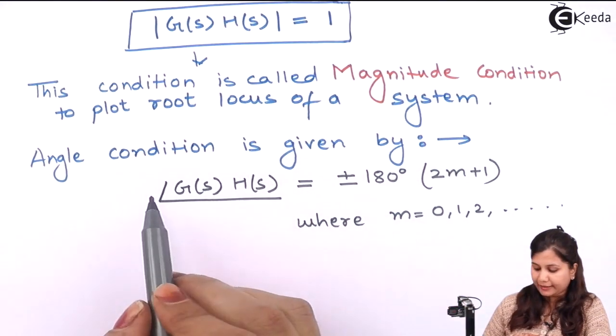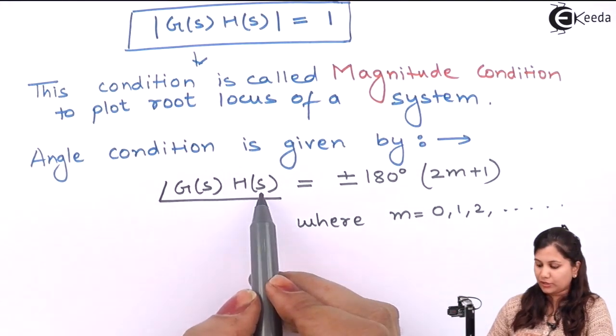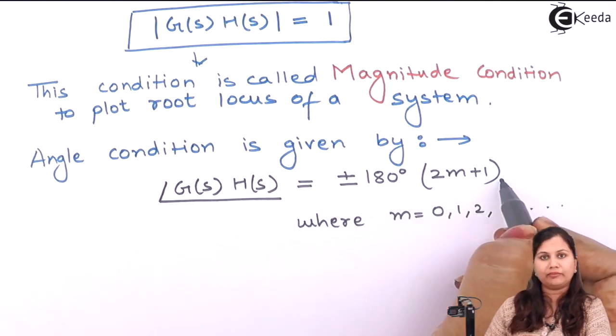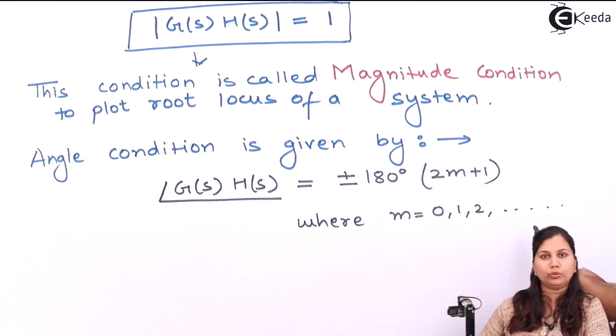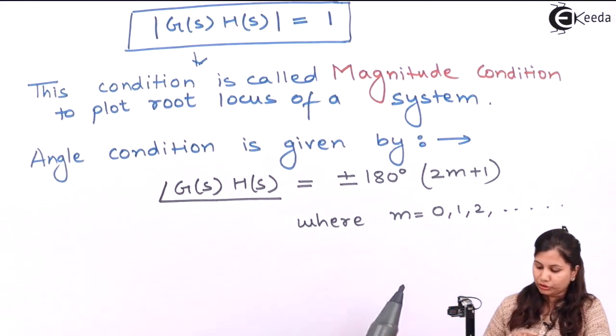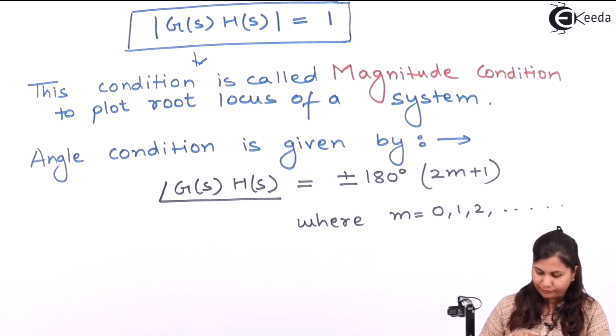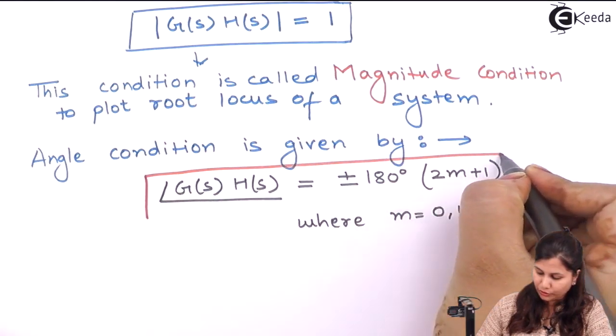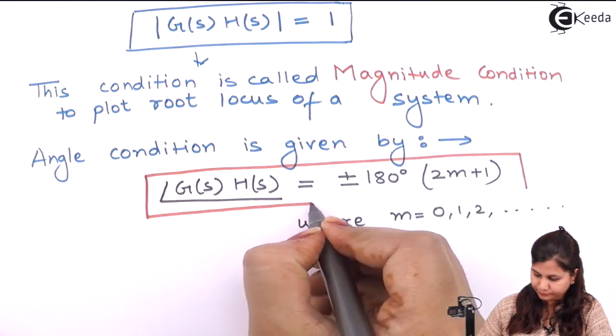Okay, so the angle of G(s)H(s) should be plus minus 180 degrees times (2m plus 1), where m can be 0, 1, 2 till infinity. So this is the angle condition to plot the root locus of a system.